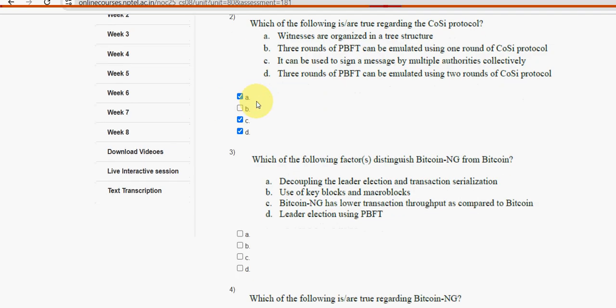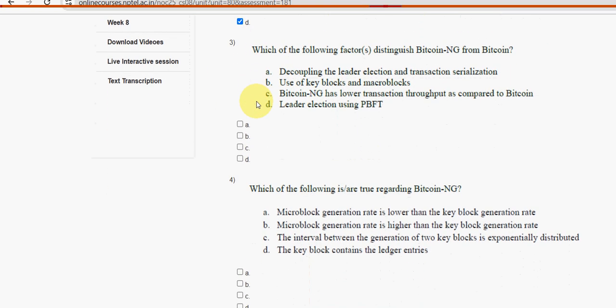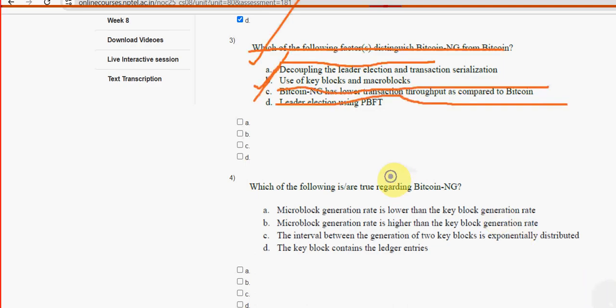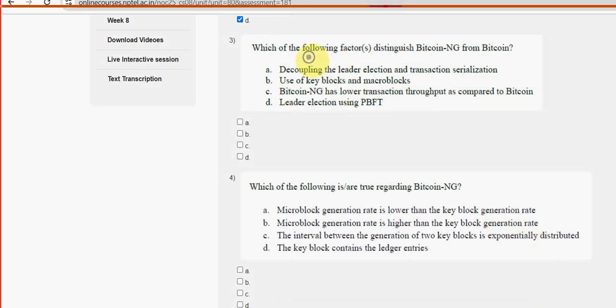Next, third question, guys. Third one, which of the following factors distinguish Bitcoin-NG from Bitcoin? For the third question, I have got only one probable solution, guys. So you can suggest if there are any. So we are going with only option A, decoupling the leader election and transaction serialization.